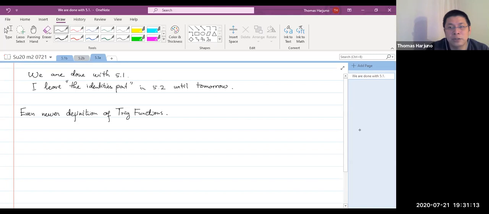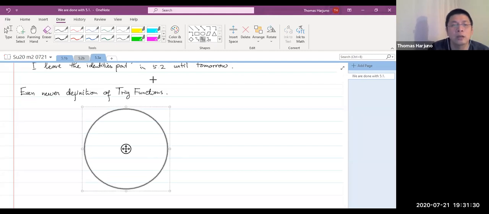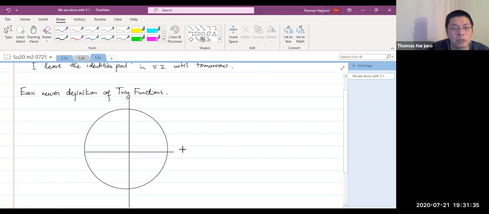From the definition we had earlier, in 5.1 as I remember, or 5.2, we have a circle, and then I superimpose that on a coordinate system.